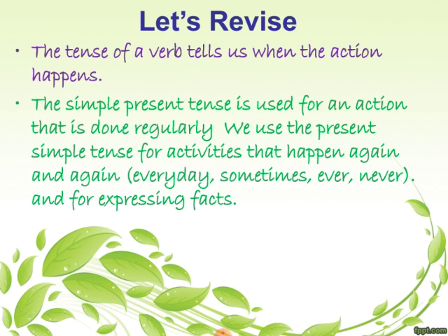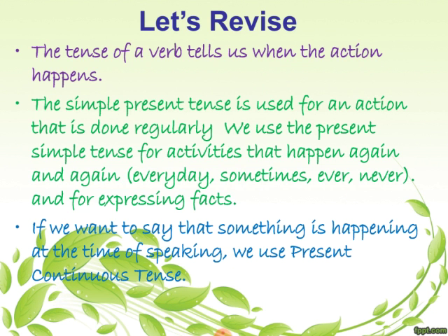We use it for activities that happen again and again. It tells about your daily activities, your daily habits, and also expresses universal facts as well as scientific facts, which you cannot change at all.